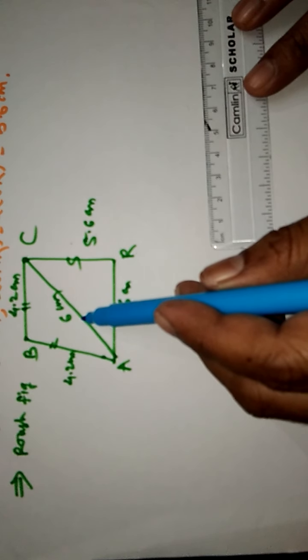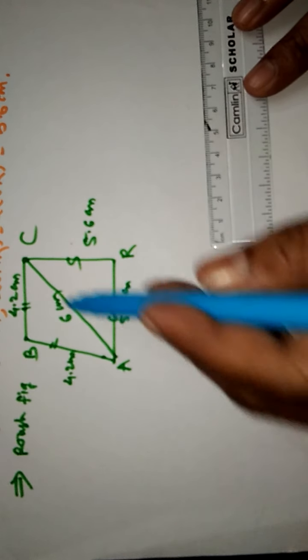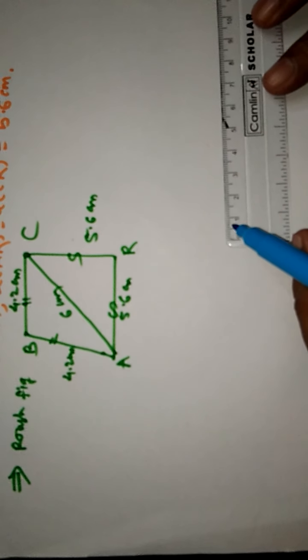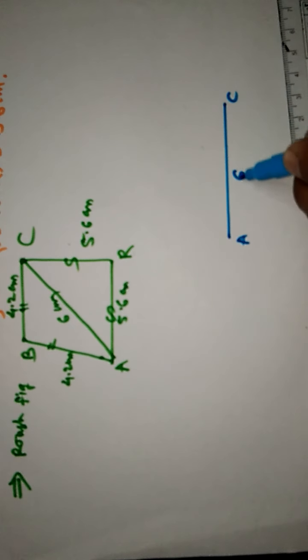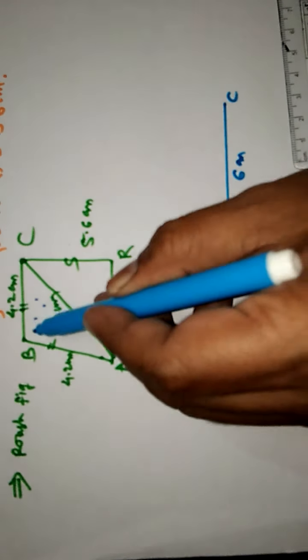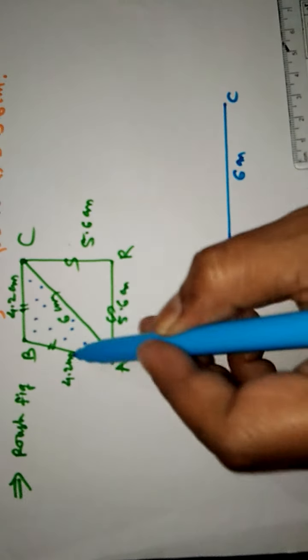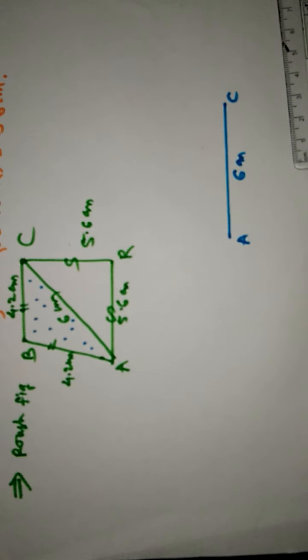Use this type of construction. First draw the diagonal AC having length 6 cm. Then construct this triangle having sides AB, BC and AC.